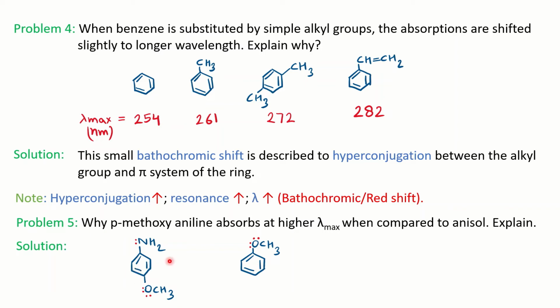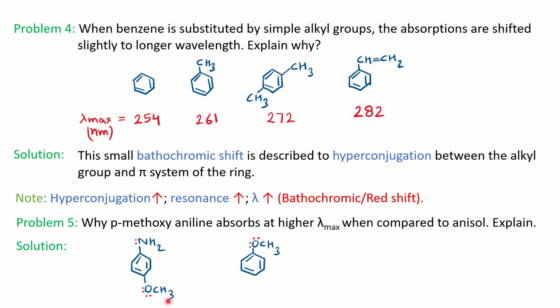So we know that double bonds or covalently bonded groups are called chromophoric groups, while the lone pair bearing groups are called auxochromes. And auxochromes increase the intensity of the chromophoric group, and therefore increase the wavelength. In case of anisole, you have only one auxochromic group, while in this one you have two auxochromic groups, NH2 and OCH3.